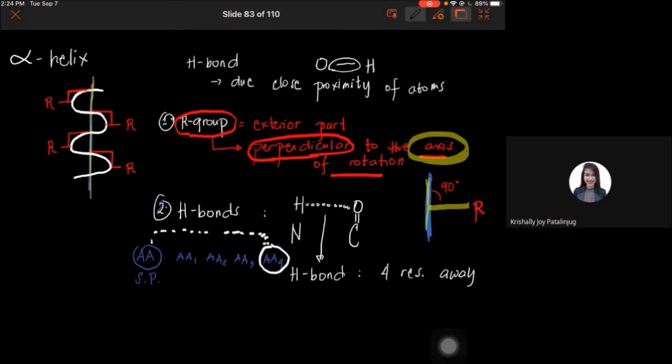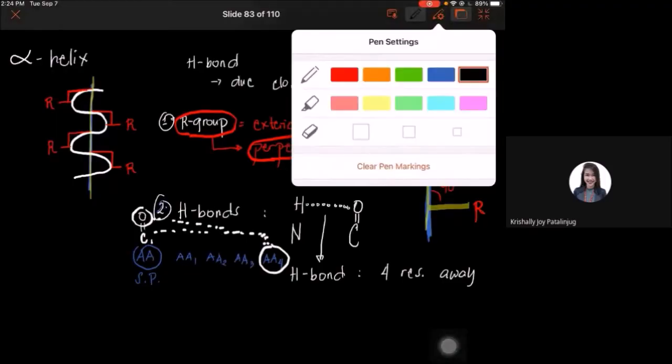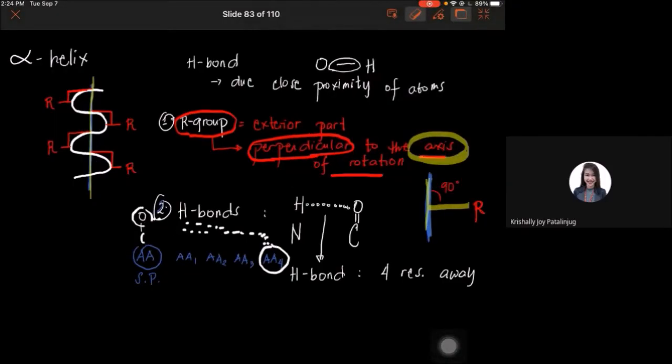Okay? So halimbawa, sa unang amino acid, meron siyang free carbonyl oxygen. Okay? So yung oxygen niya, magpo-form siya ng hydrogen bond to the amide NH ng pang-apat na residue. Okay, so ako siyang i-edit ha. So you have, for example, amide NH. Ayan. So dyan mabubuo yung hydrogen bond.